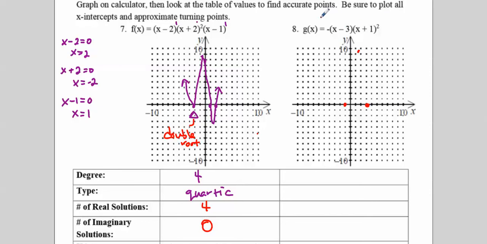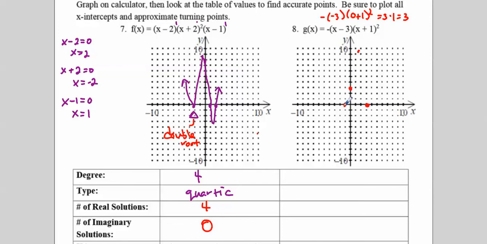So I would have negative 0 minus 3 is -3. And then 0 plus 1 squared. So negative times negative is +3. 1 squared is 1, so 3 times 1 is 3. So my y-intercept is at 1, 2, 3.